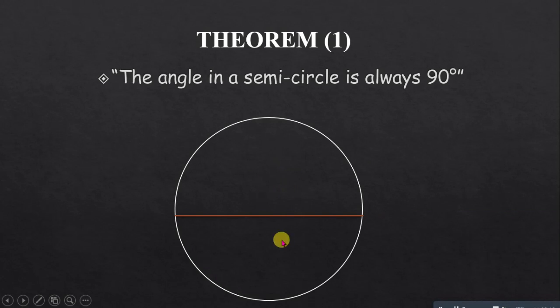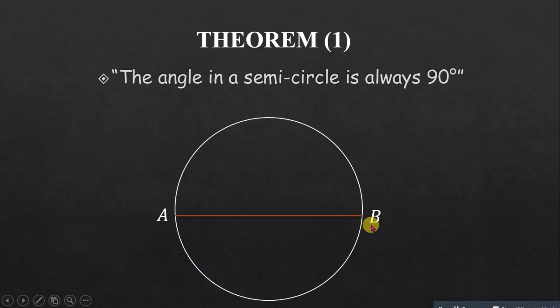So this one is one hemisphere and this one is the other hemisphere, and they are equal. We say this is a semicircle and this is another semicircle. So two of them form a complete circle. Now the theorem is saying that any angle that is formed inside the semicircle gives you 90 degrees. Okay, and that is the first part we have talked about.